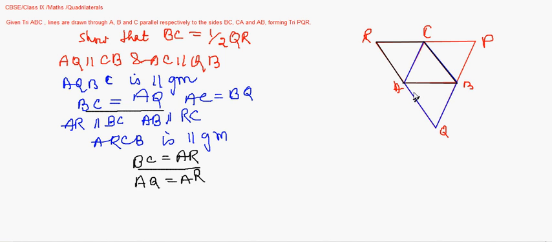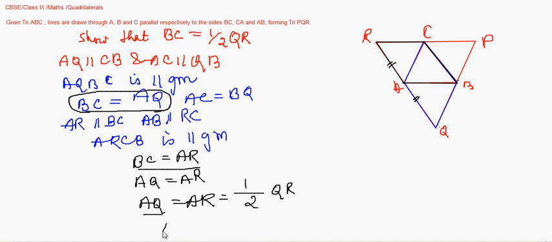So I can write AQ is equal to AR is equal to half of QR, and because AQ is equal to BC, we can write BC is equal to half of QR.